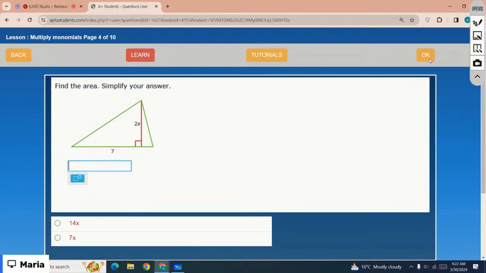The correct option is you have to use the formula that is half times base times height, right? So the correct option is, very good, 7x. Option number 2 is the correct option, right?